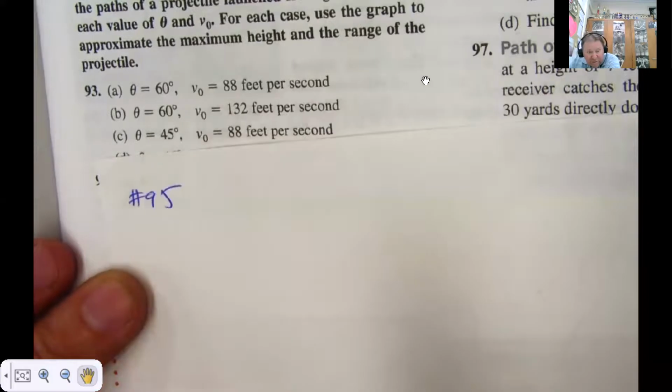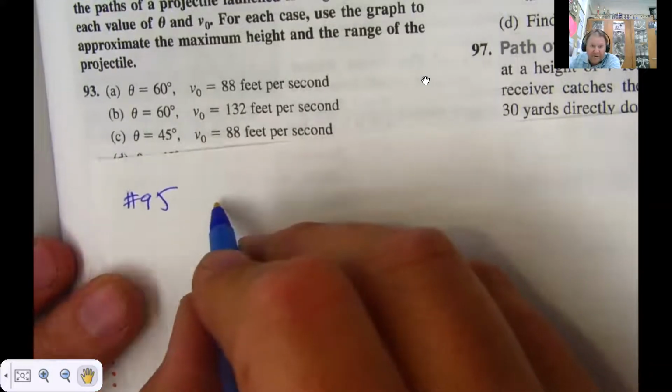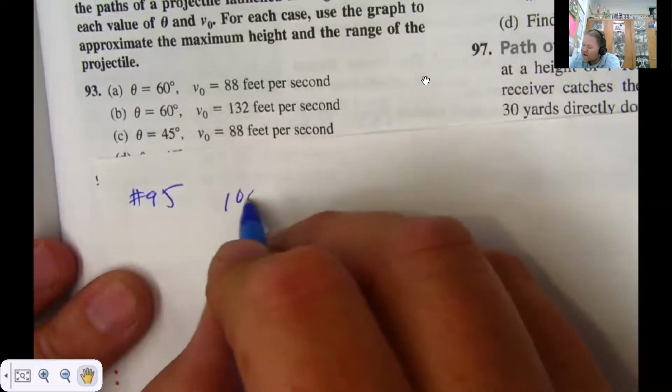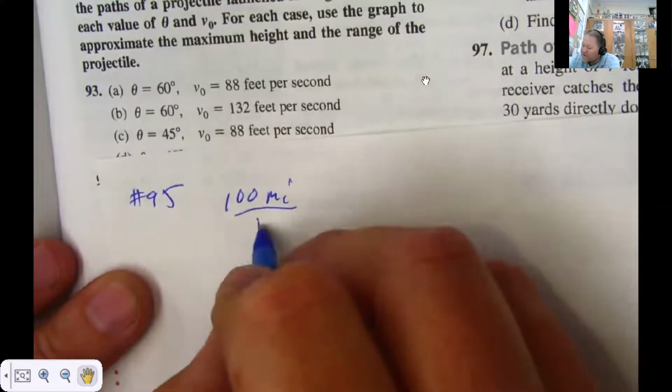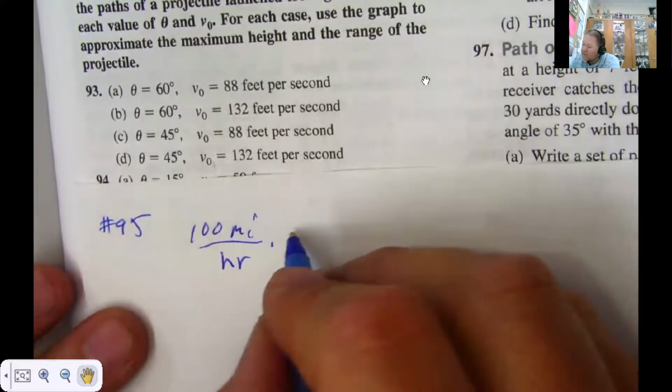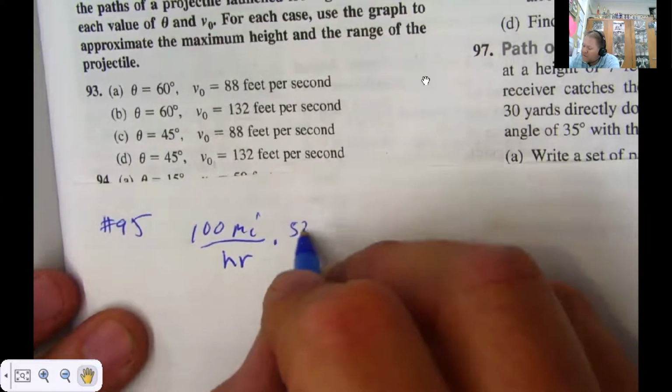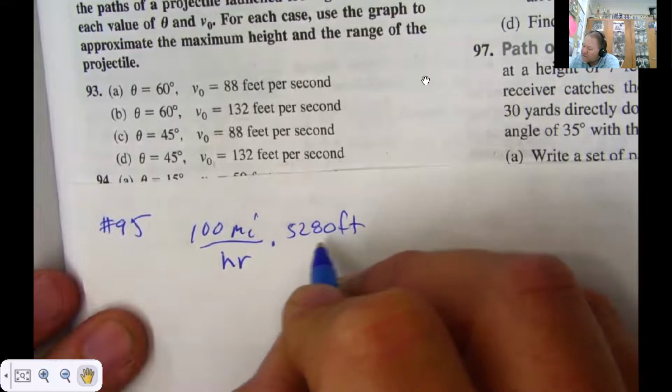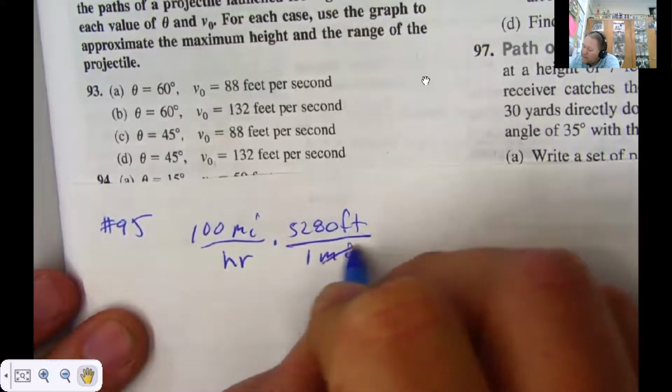Let's start with converting 100 miles per hour into feet per second. So if I've got 100 miles per hour, this is a dimensional analysis thing, like in chemistry. There's 5,280 feet in 1 mile, and the miles cancel.